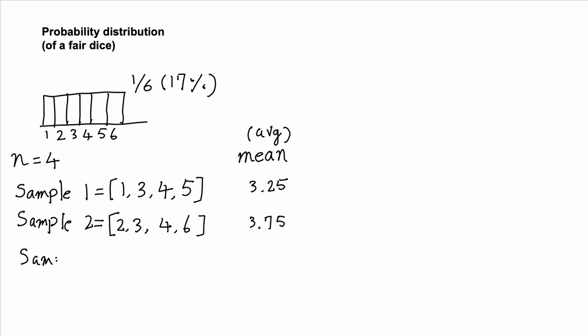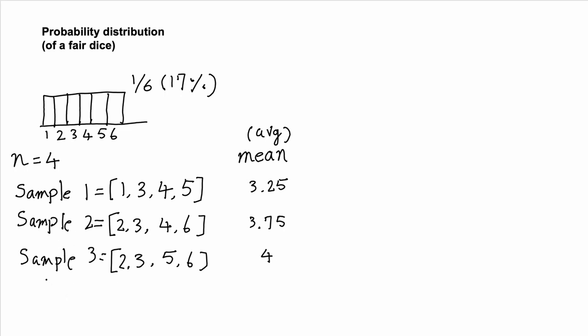Okay, let me do one more. This time round, I get a 2, a 3, a 5, and a 6. 2 plus 3 is 5, 5 plus 5 is 10, 10 plus 6 is 16. 16 divided by 4 is 4.